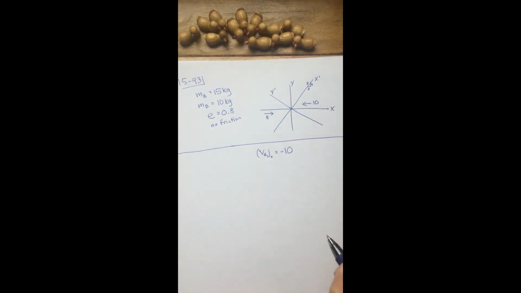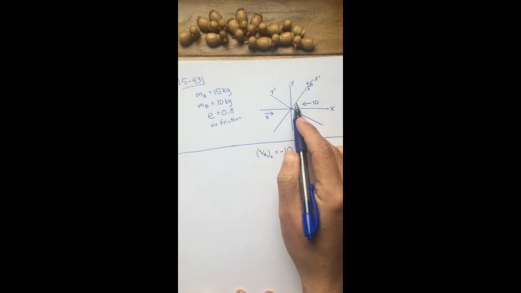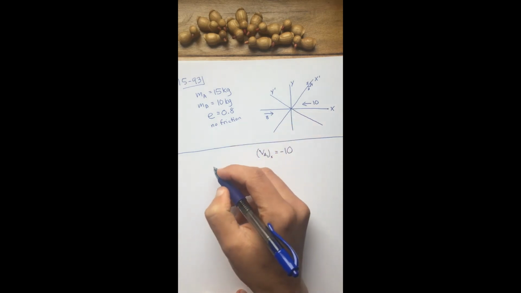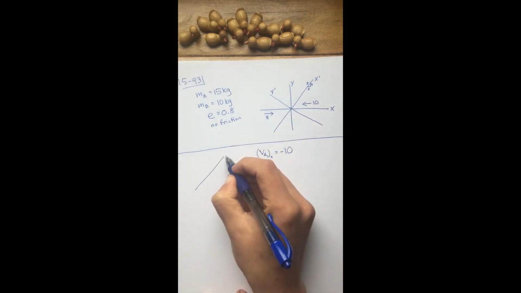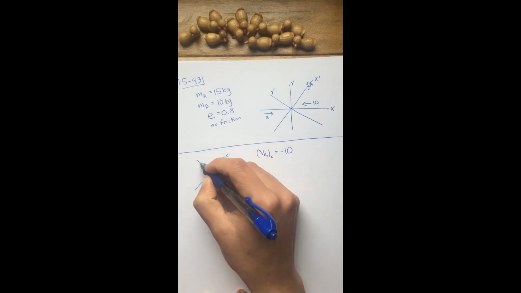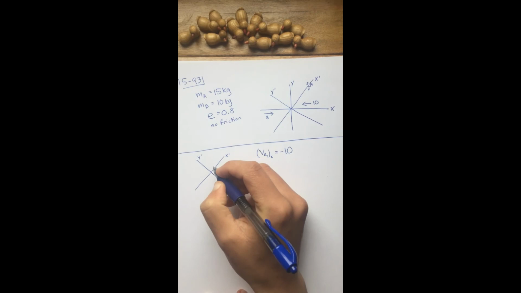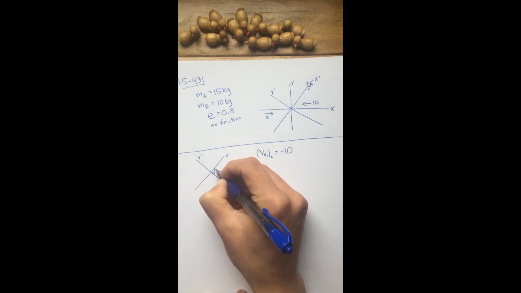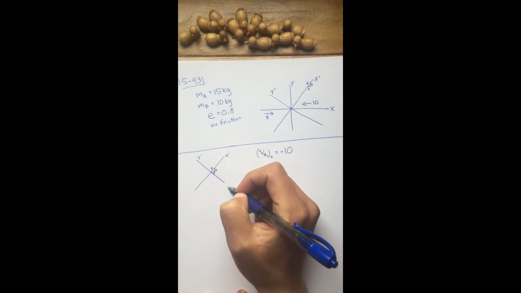And using the triangle that they give me over here, if this is x prime, this is y prime, that is a 3, 4, 5 triangle.